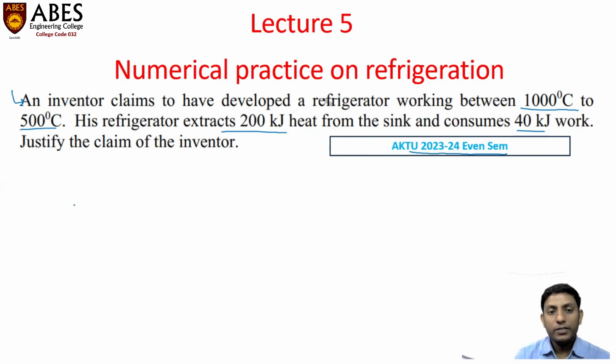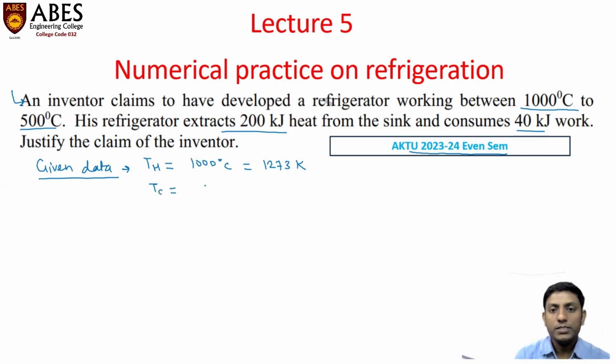So let us first note down the given data. According to this, the higher temperature is 1000 degrees Celsius, which is equivalent to 1273 Kelvin. And the lower temperature, Tc, is 500 degrees Celsius, which is equal to 773 Kelvin.